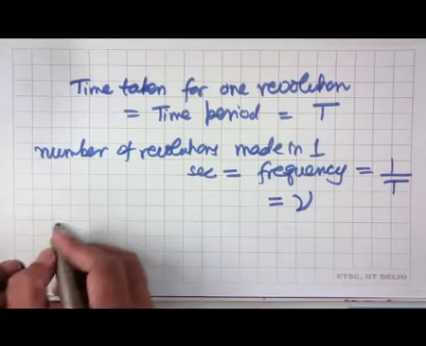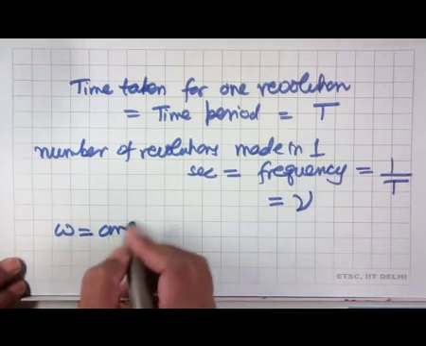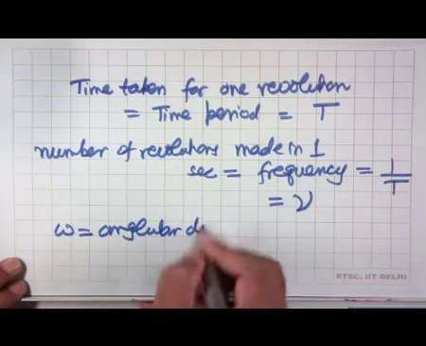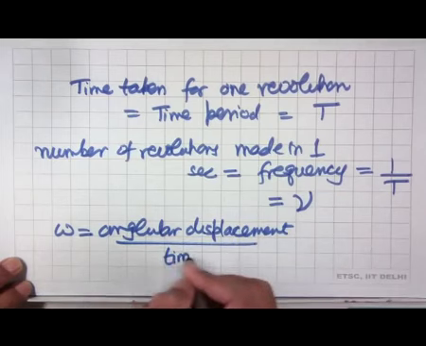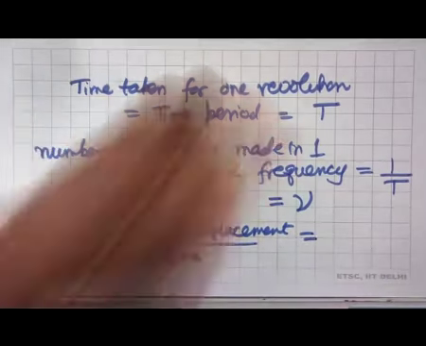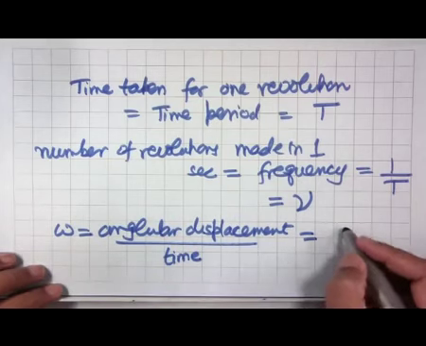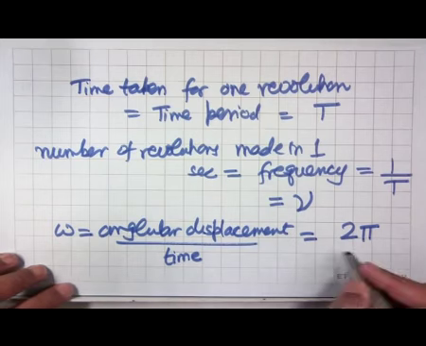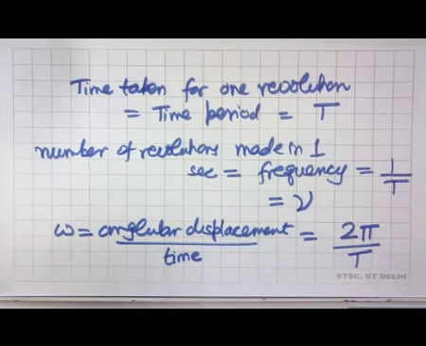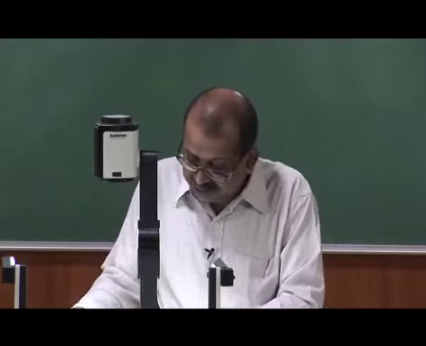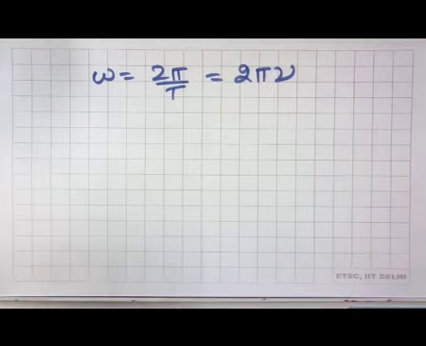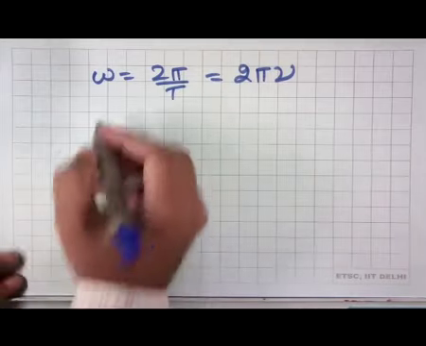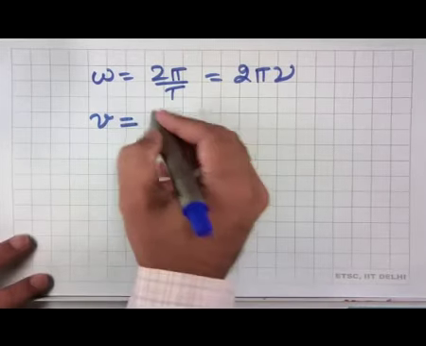Now, if we look at omega, omega is nothing but the angular displacement divided by time, and if we want to express omega in terms of the time period T, then for one revolution, the angular displacement is 2 pi radians and the time is T. So, therefore, omega will be equal to 2 pi upon T, which we can also write as 2 pi nu, because nu is equal to 1 over T. And if we look at now the velocity in terms of omega, velocity is equal to r omega.